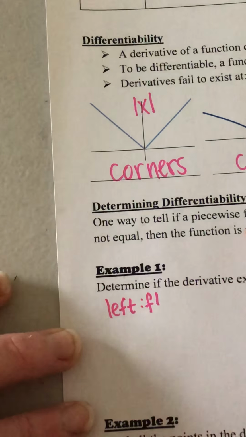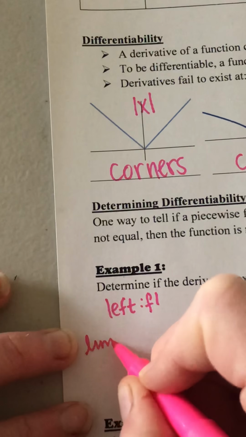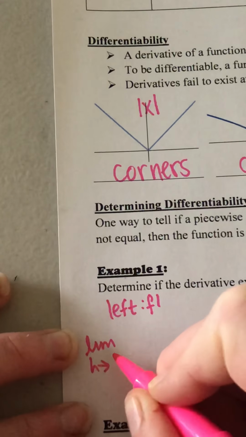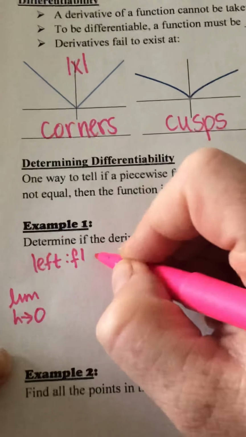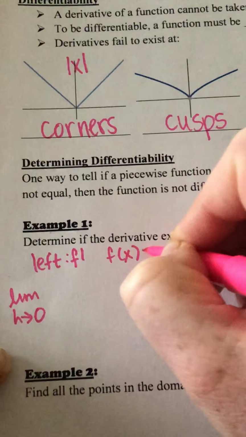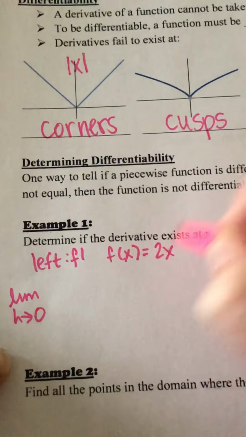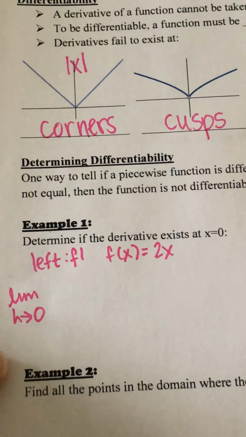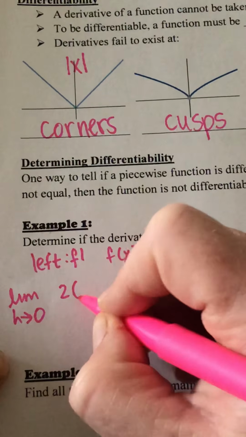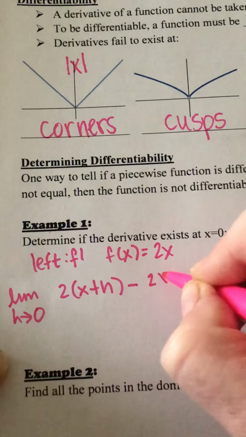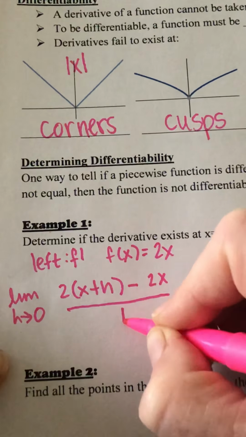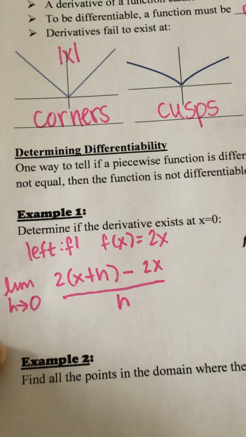That's the limit as h approaches 0 of f of x plus h, which is 2 times x plus h, minus f of x, 2x, all over h.